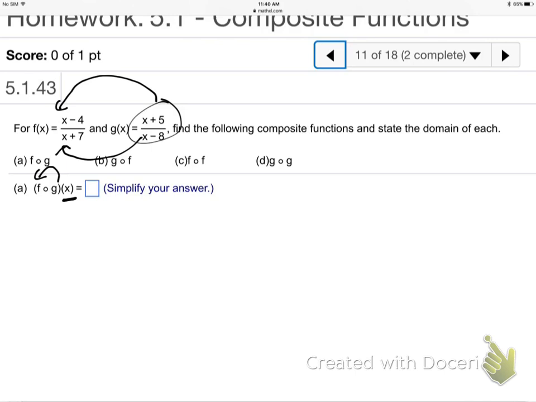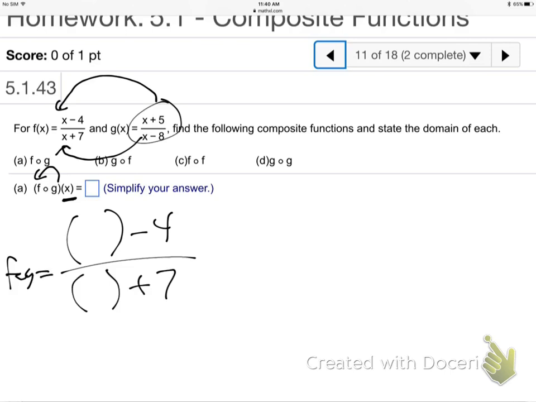So we get whatever minus 4, this is F of G, over whatever plus 7, and the whatever is x plus 5 over x minus 8. We good so far? So that's sticking all of G into F. That looks kind of painful.